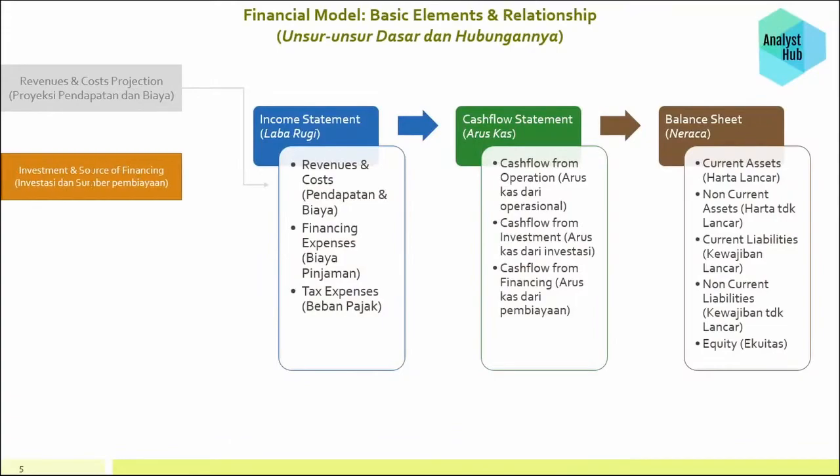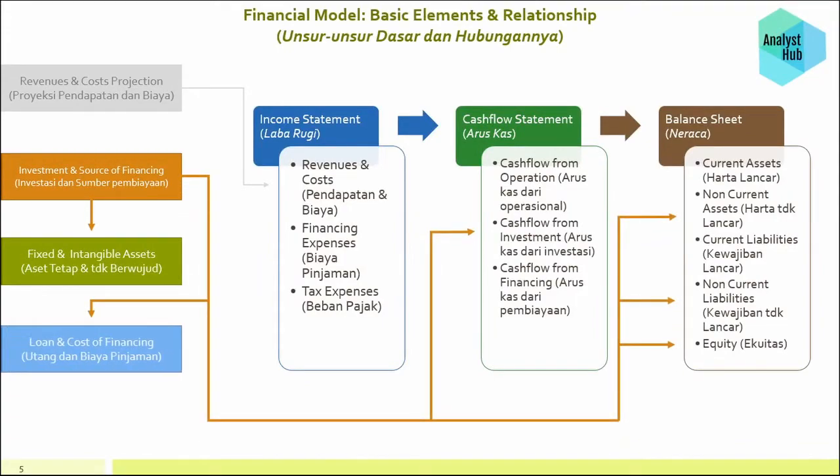In a financial model, investment projection is connected to the list of fixed and intangible assets, cash flow from investment, and non-current assets on the balance sheet. Meanwhile, source of financing is related to the loan and cost of financing calculation, also non-current liabilities on the balance sheet.